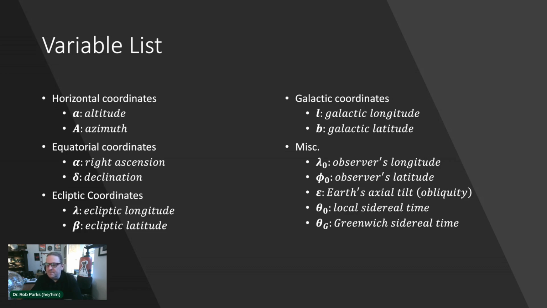I didn't have time to put together a slide on a conversion system, so I'm basically just going to show you where they are on ye olde Wikipedia. It shows you how to use celestial coordinate transformations to move from one coordinate system to the other and so forth.